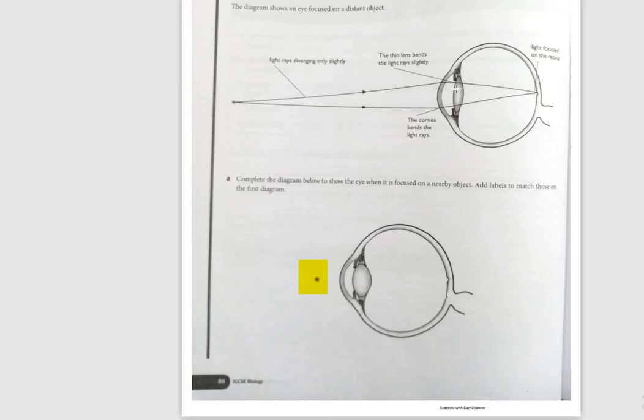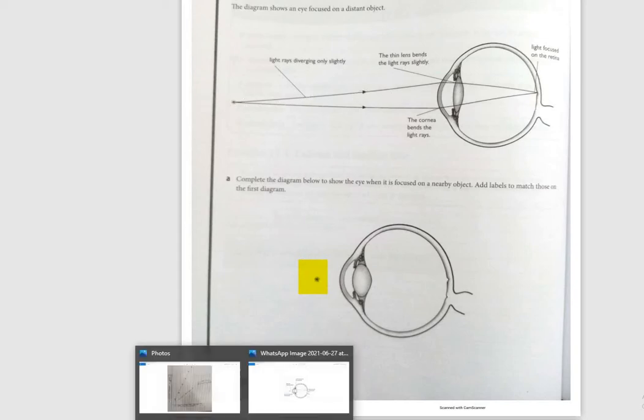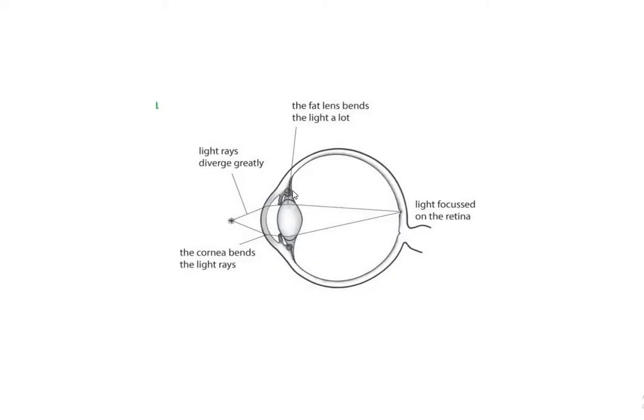The light rays are longer when the object is at a distance, but over here the light rays are shorter, but they diverge really big. So in this way, the cornea bends the light rays, and when it bends the light rays, the light is focused on the retina, and the fat lens bends light a lot.